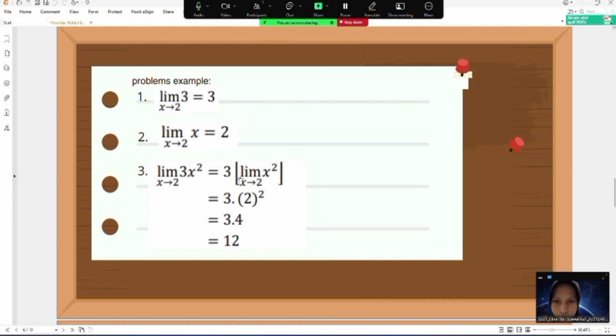So we move the constant, 3, to the front, so it remains 3 times the limit as x approaches 2 for x squared. Then we use substitution, so we get 3 times 2 squared, equal to 3 times 4. So for this limit, the result is 12.